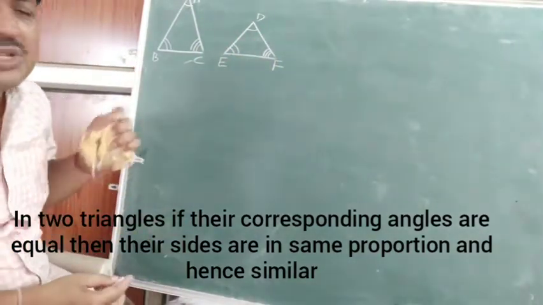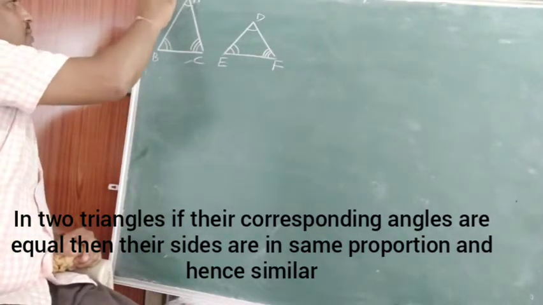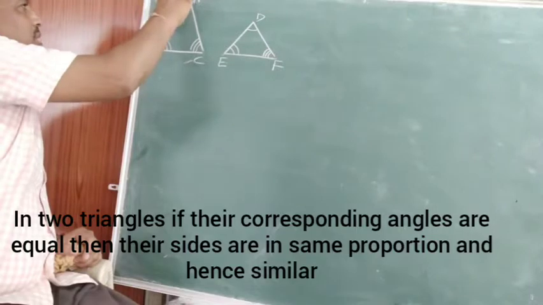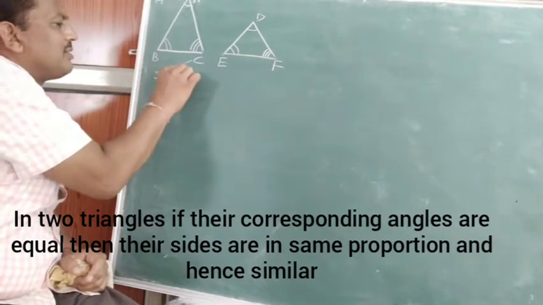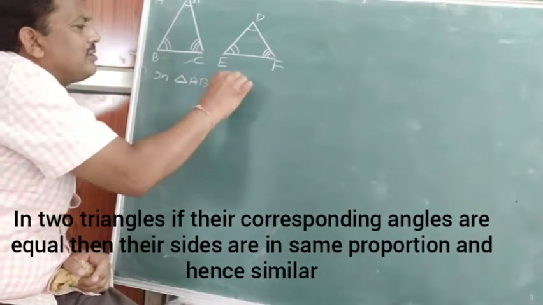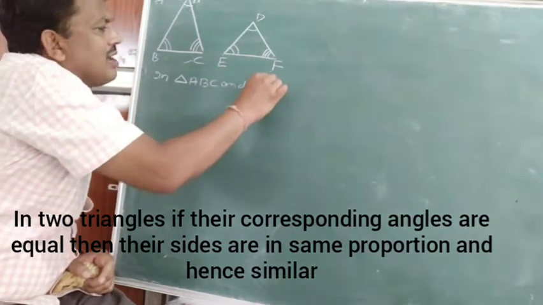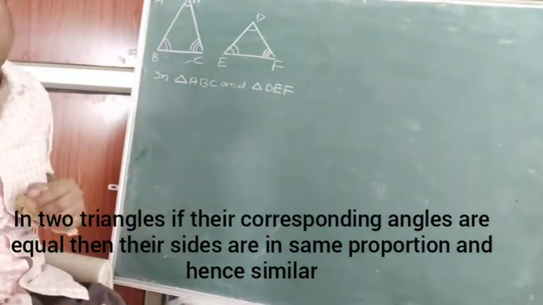Okay children, so let's write first what is given. Here itself you can write given. So in triangle ABC and triangle DEF, what is given in these two triangles children?